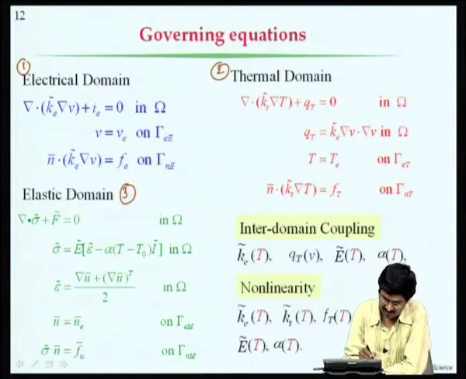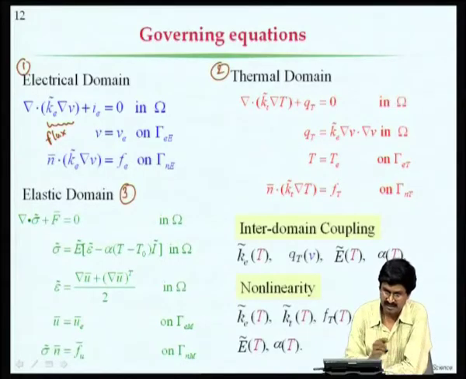The first equation that we see is del dot, meaning divergence, of K_E times del V. V is the voltage and this is the flux, electrical flux or current. K_E is electrical conductivity or the reciprocal of the electrical resistivity, and this is usually 0 because there is no current source in the domain.